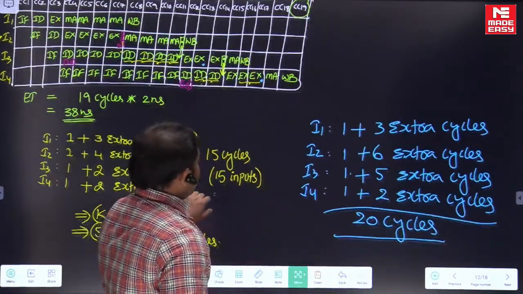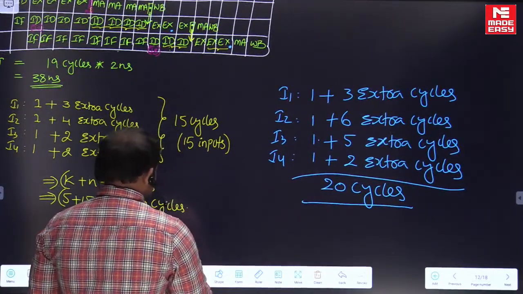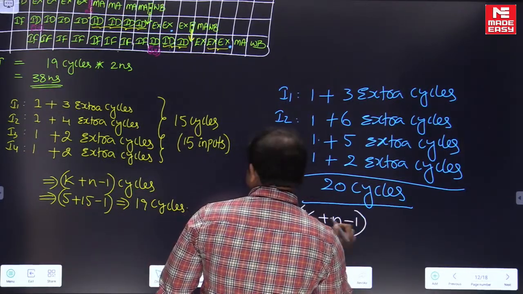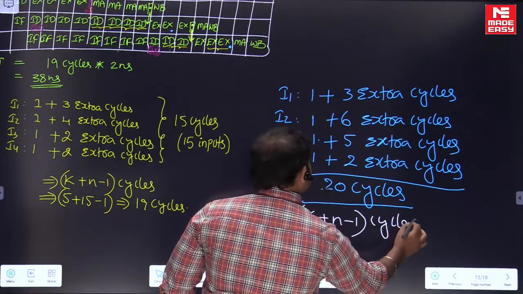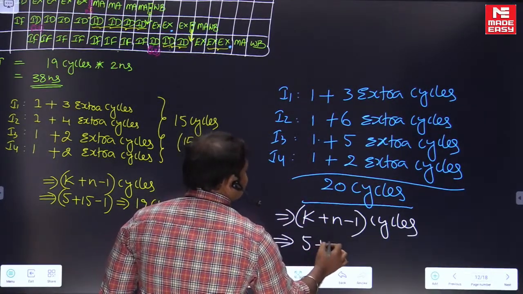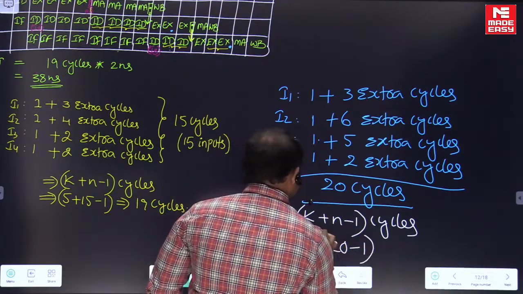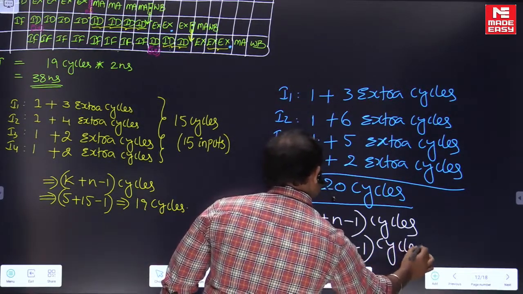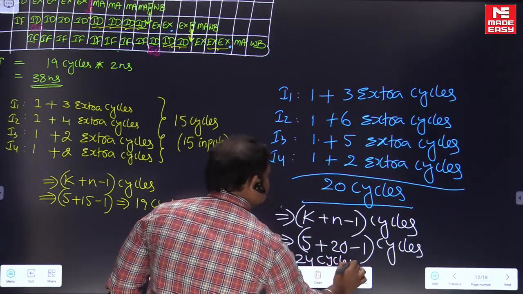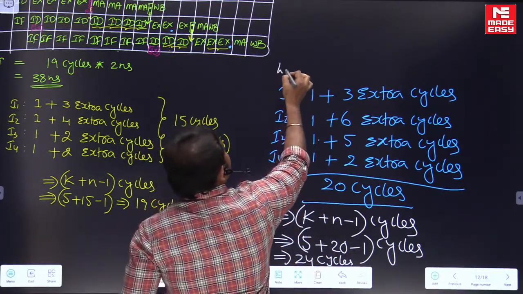Now apply the formula K plus n minus 1 cycles. This is equal to K value, how much? 5 plus n 20 minus 1 cycles. This is equal to 24 cycles. This is without operand forwarding.